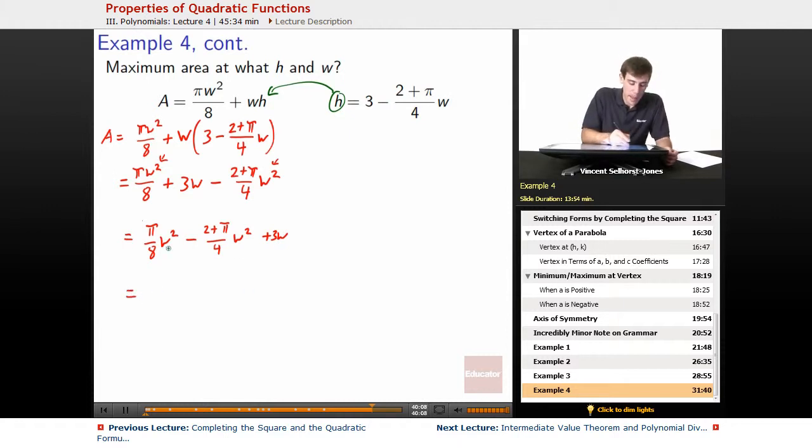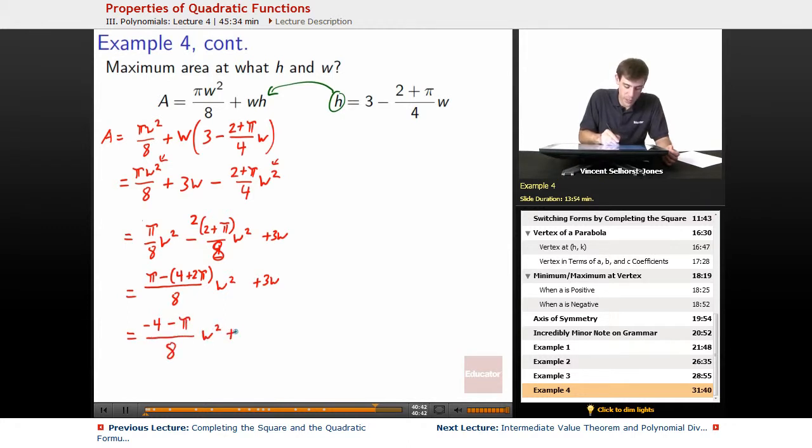So now we've got pi over 8, and we can bring this stuff to bear, so it'll be minus (2 plus pi), but it used to be a 4, so it's going to become an 8. We're going to multiply by 2 here to keep it the same. So 2 times (2 plus pi) becomes 4 plus 2 pi. So we've got (pi minus 4 minus 2 pi) over 8 w squared plus 3w. We simplify this out. Pi minus 4, so the negative 4 will come through, and minus 2 pi will combine to give minus pi over 8 w squared plus 3w.